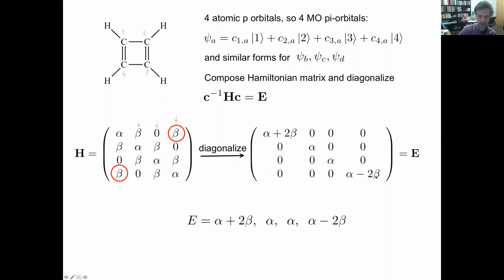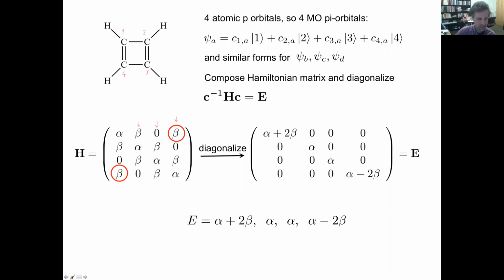These are a little different from the values that I found for the linear butadiene. So the cyclobutadiene has a different set of energies for the molecular orbitals of this pi conjugated system. Here they are once again: alpha plus 2 beta, then alpha, alpha, and alpha minus 2 beta.